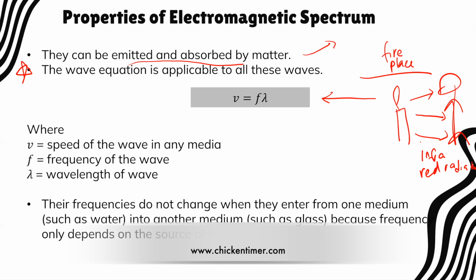The candle emits the radiation, and you as the human standing next to it absorb the radiation. Okay? Then the wave equation, I'm not going to talk about it because we have done it earlier. Then the frequency does not change. If it goes into one medium or another, the frequency doesn't change. It's always the same. That one is also not the most important.